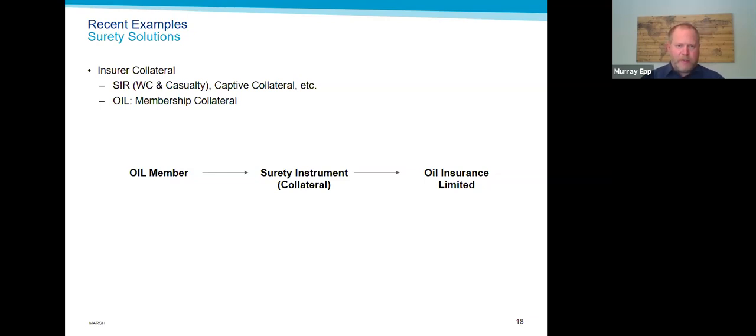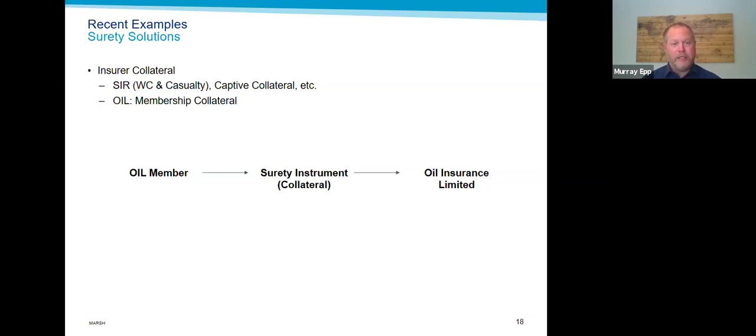Marsh is actually working on a program basis to manage this for our Canadian clients, where we want to bundle all of our clients together that have collateral posted to the different insurance companies, and then go to market on a letter of credit fronted basis and try to really drive it down on a program basis so that we can manage overall cost, manage appetite by bundling the best credit cases with the weakest or the less attractive. So that's something that's underway right now.